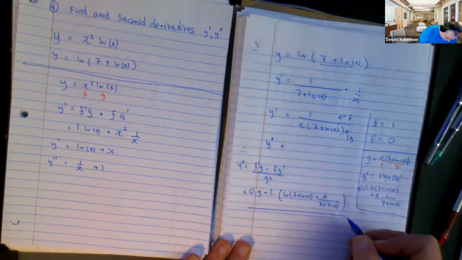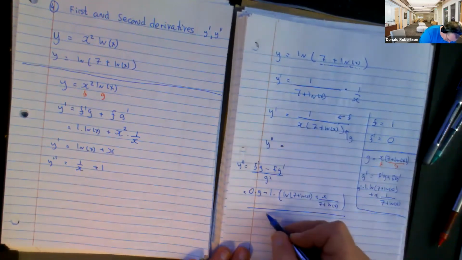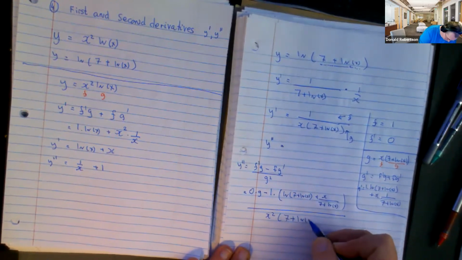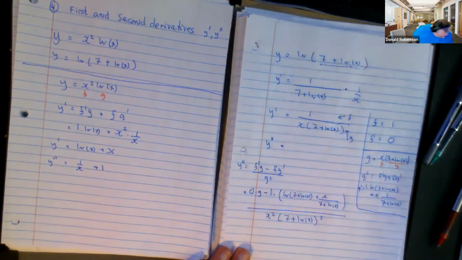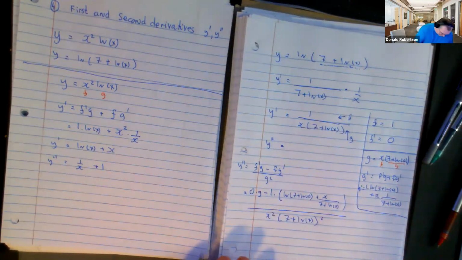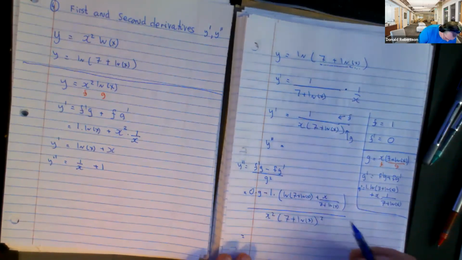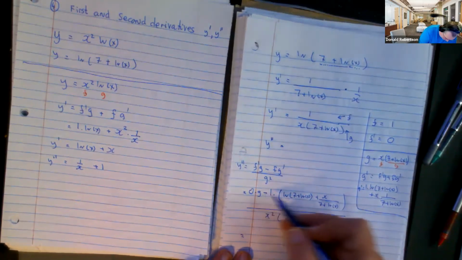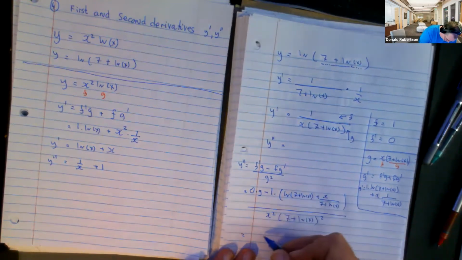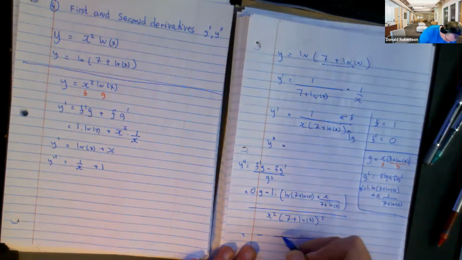And the whole thing is over this guy squared, which is x squared, 7 plus the natural log of x squared. So one example, which is very nice and very simple, and one example, extremely ugly. Now, I've got 0 and negatives, that basically gives me that guy. And so I'm going to make the whole thing negative, that's probably the least amount of work.